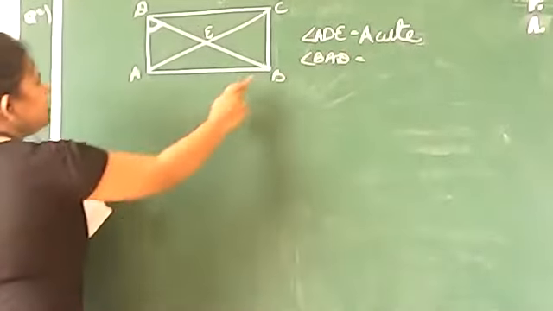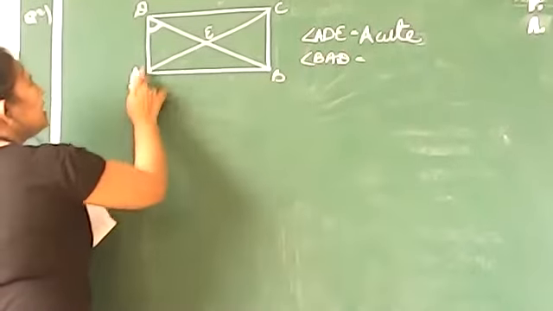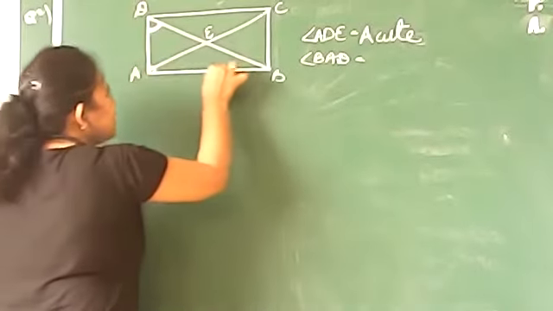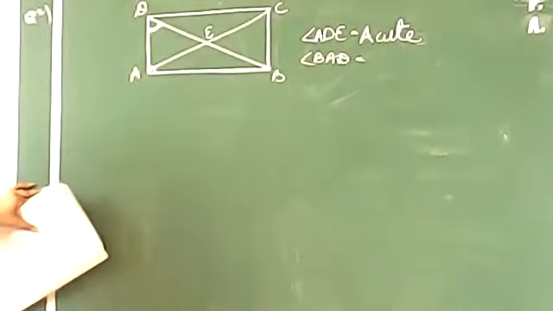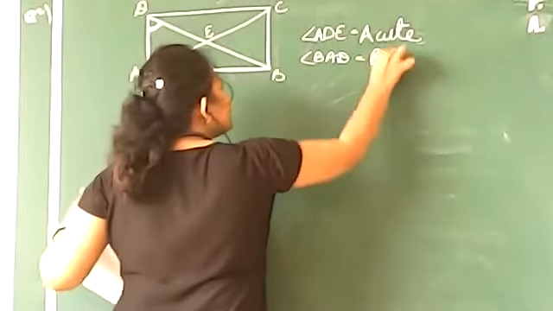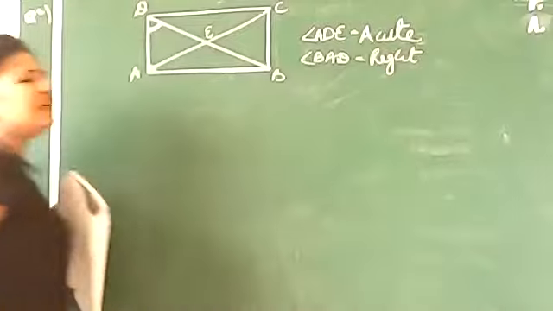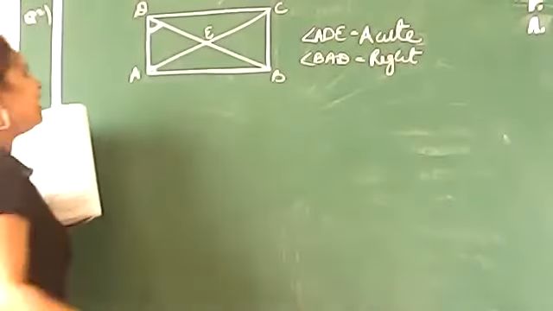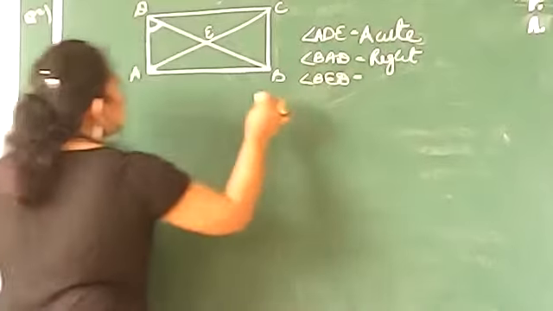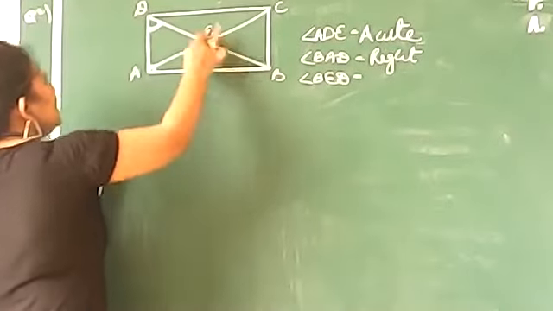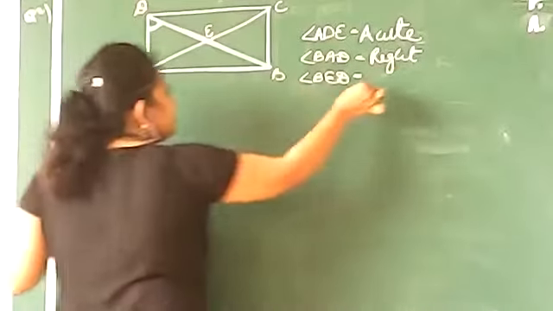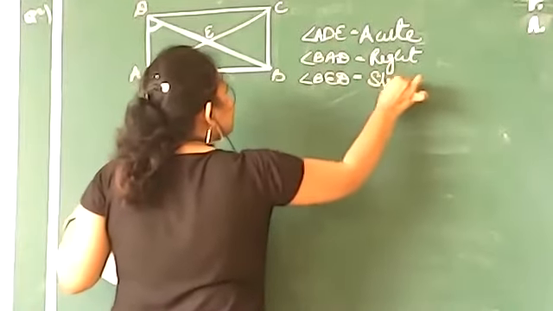This is B, this is A, and this is D. This is a rectangle, and this is one of the angles of the rectangle, and you know it is always right. So the answer would be right. After BAD, we have BED. This is B, this is E, this is D. It looks like a straight line. Yes, it's a straight angle.